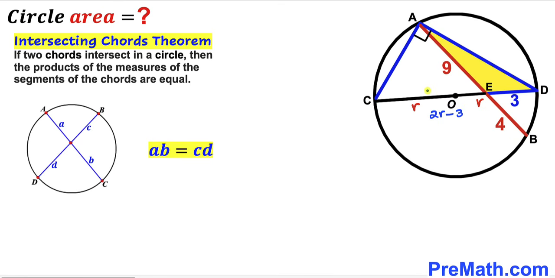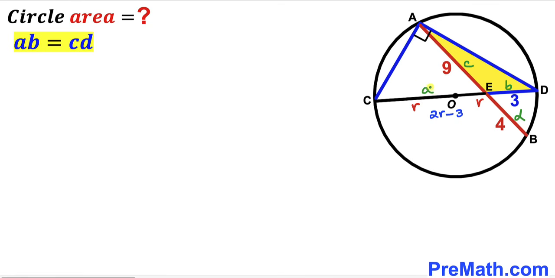And now I'm going to label this segment as lowercase a, this segment lowercase b, this segment lowercase c, and finally this segment lowercase d as well, such that this segment a is going to be 2r minus 3. This segment b is going to be equal to 3 units. The segment c is going to be 9 units. And finally, the segment d is going to be 4 units as well.